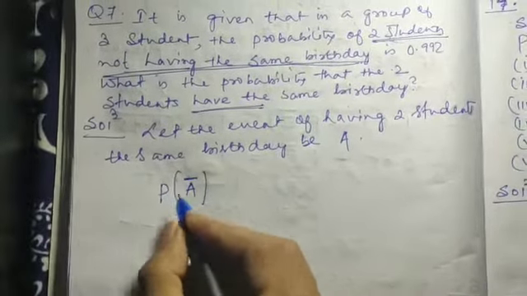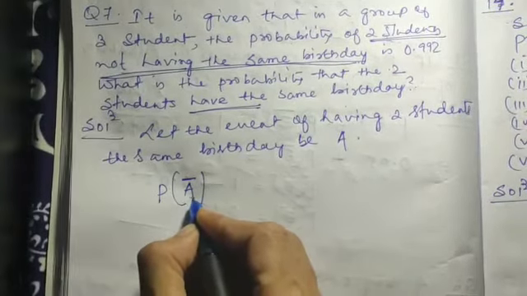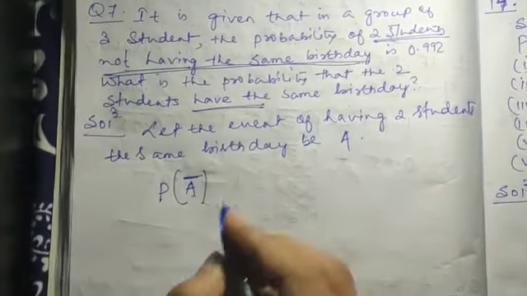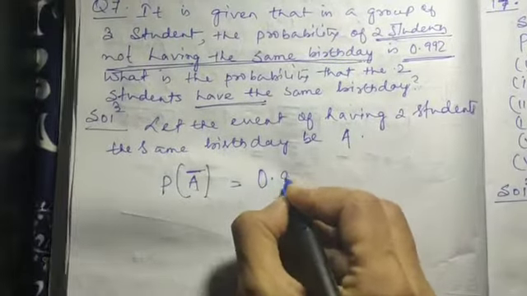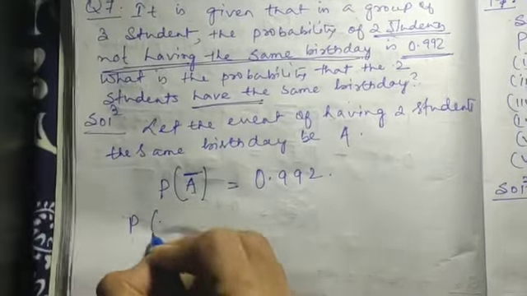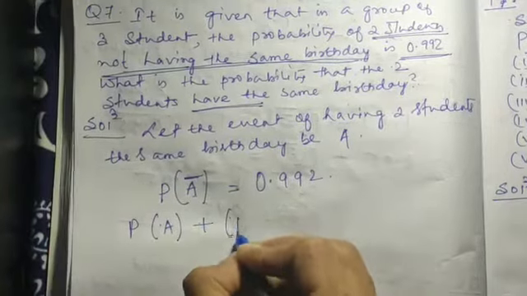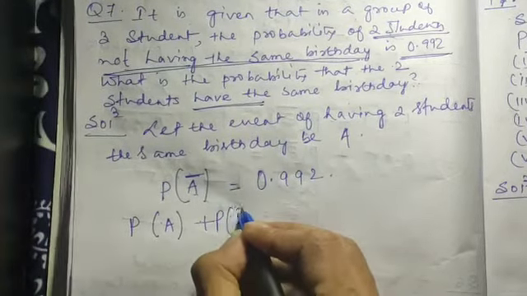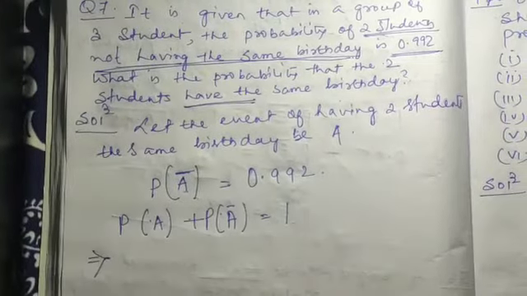Done. So probability of not having the same birthday, that means A bar. Yes or no? Probability of not having the same birthday. Event name is A, not having, that's why bar. Is given how much? 0.992. 0.992 is given. And what we know? We know that probability of having the event plus probability of not having the event is equal to 1. This is the formula.